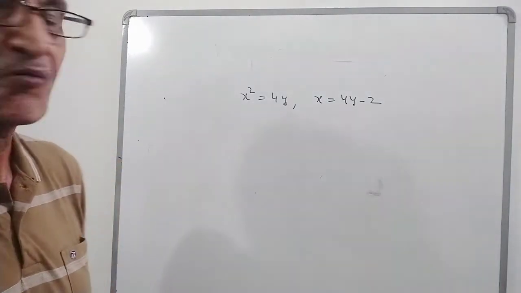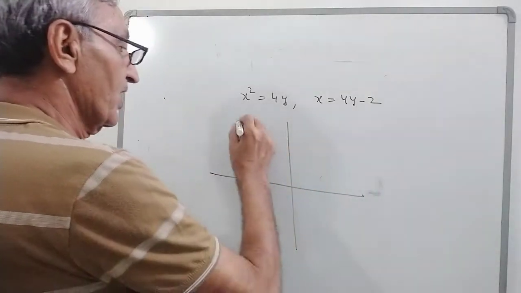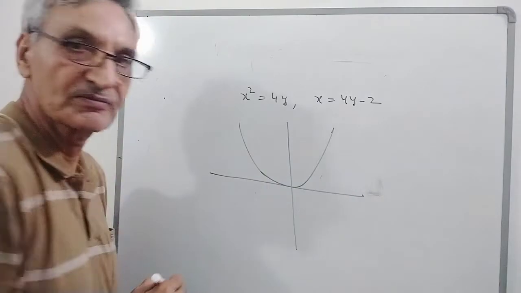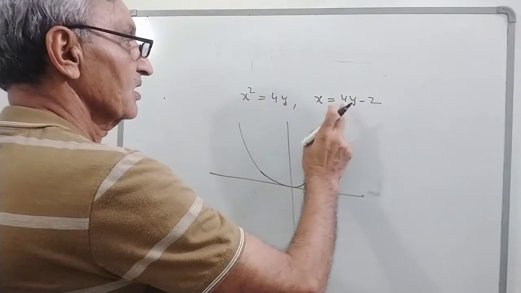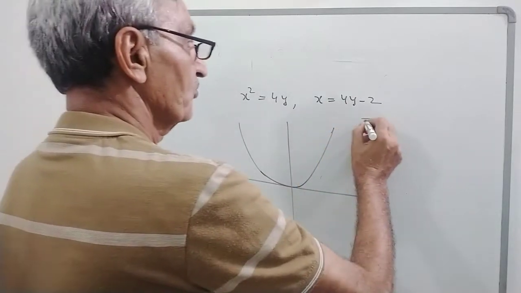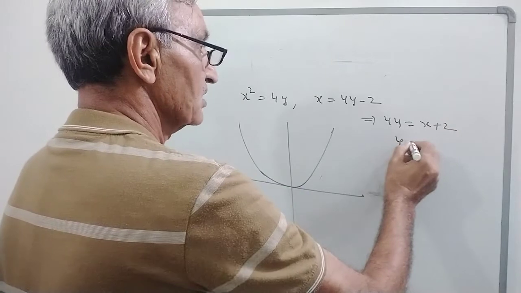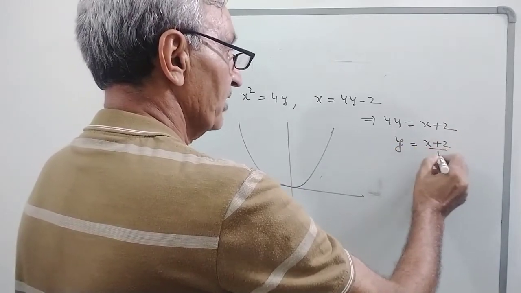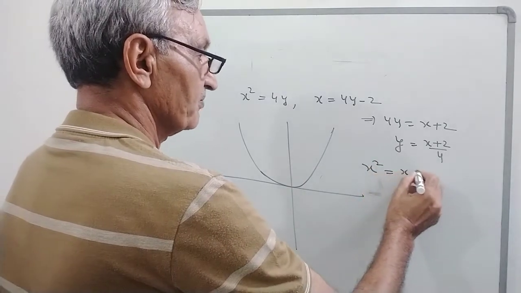Well friends, this is x square is equal to 4y. I'll simplify and put the y value. 4y is equal to x plus 2, so y is equal to x plus 2 divided by 4. I put it here: x square is equal to x plus 2.